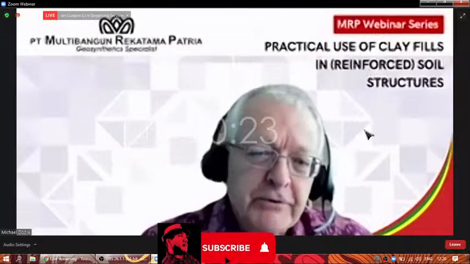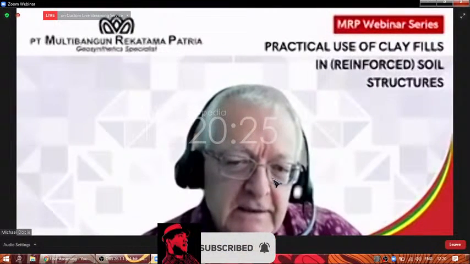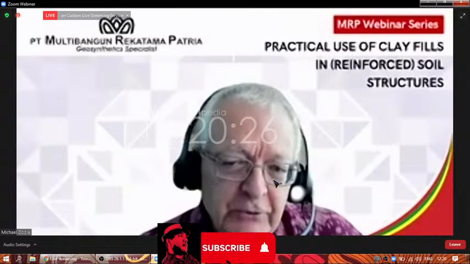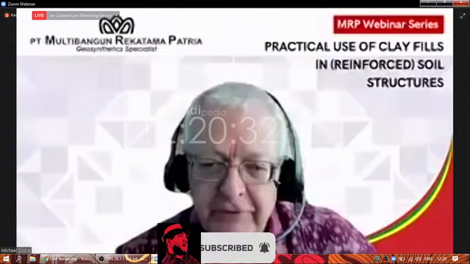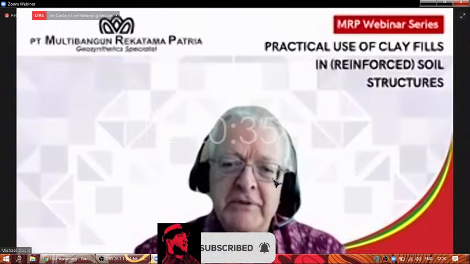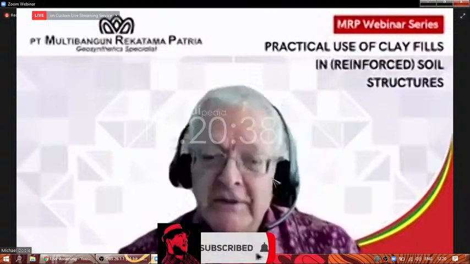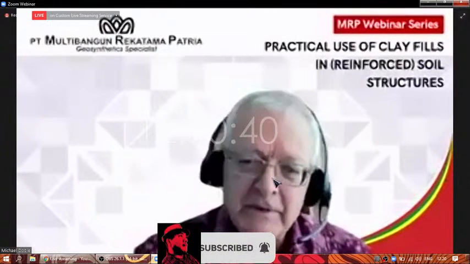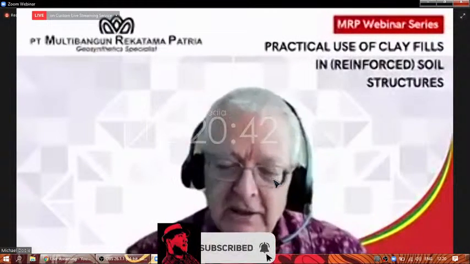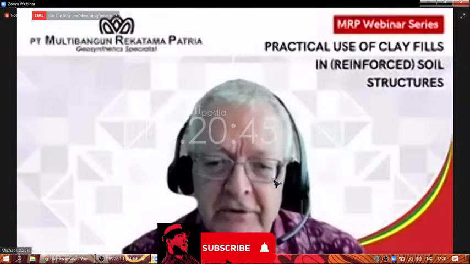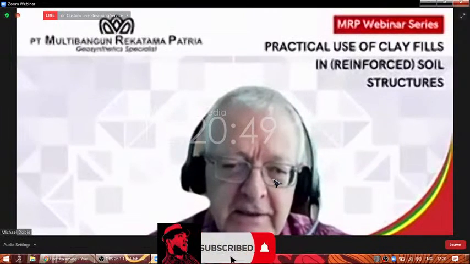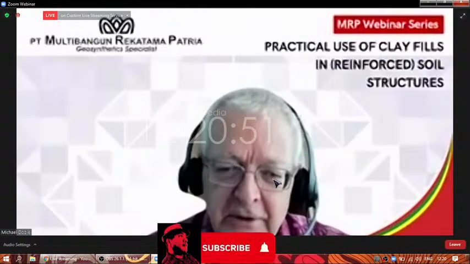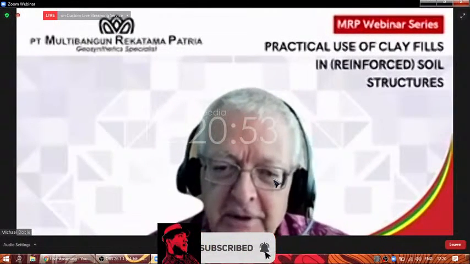So the problem is that when it starts to rain, this provides a very quick access for rain to make its way into the fill and probably cause problems. In fact, at that particular site where I took that photo, there was also next to it a very low angle slope failure, which had been caused by that kind of situation. So using highly expansive clays as fills, I think you have to be very careful and probably best to avoid it.